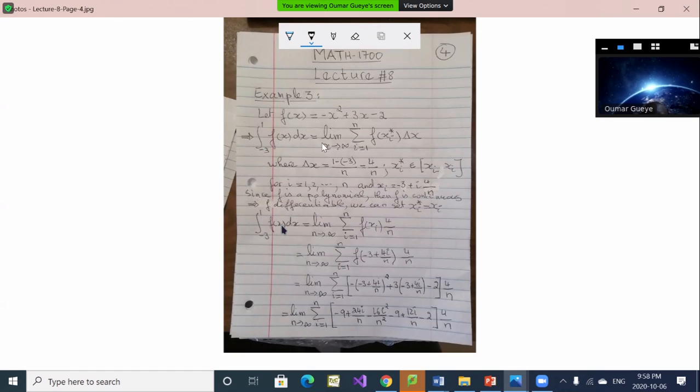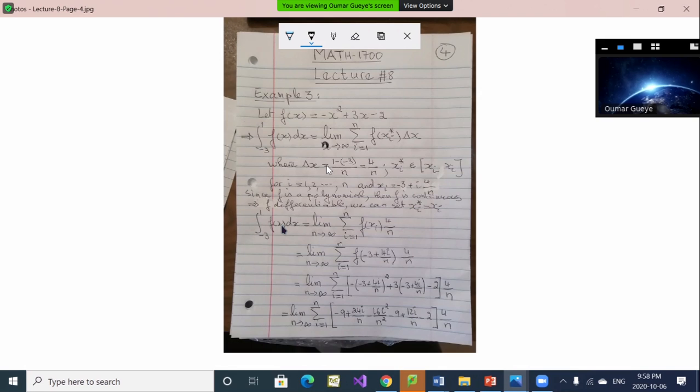So here n is going to infinity, that's exactly what the formula says, not x. So we calculate this limit when n goes to infinity of this Riemann sum. Now we need to identify our xi star and substitute its value, and substitute delta x by its value, in order to be able to calculate the limit.